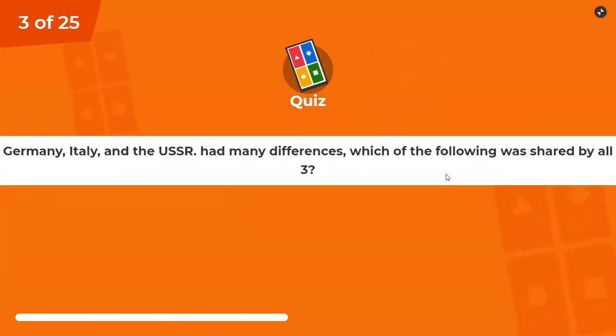Germany, Italy, and the Soviet Union had many differences. Which of the following was shared by all three?